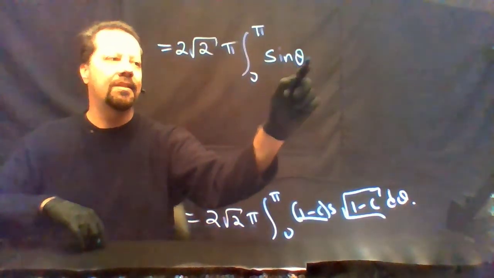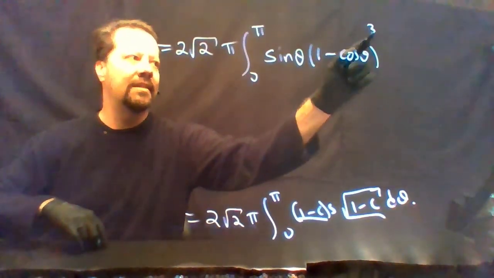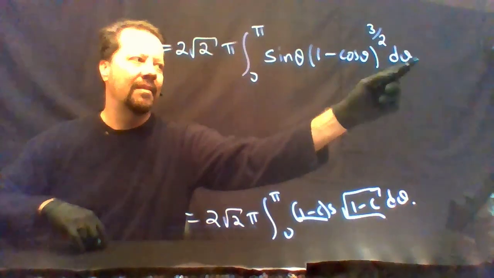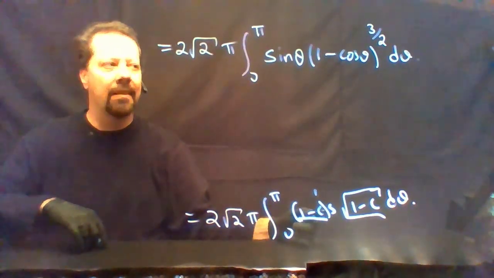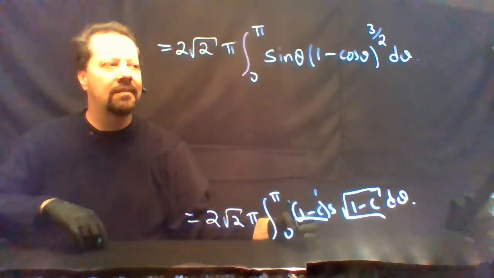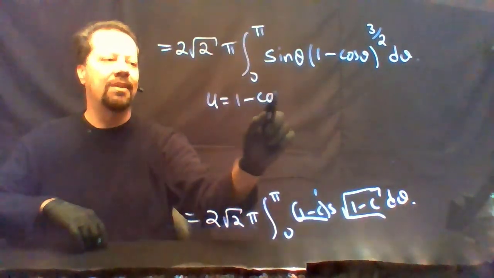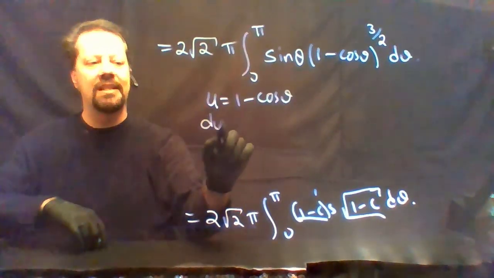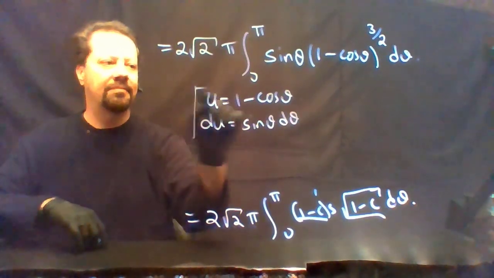I'm going to write this as sine theta 1 minus cosine theta to the 3 halves d theta. 1 plus a half is 3 halves. At this point, it should be clear that you're dealing with a u substitution. U is 1 minus cosine theta, so that du is sine theta d theta.